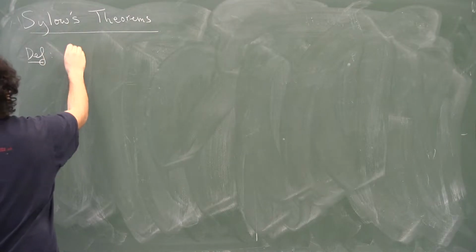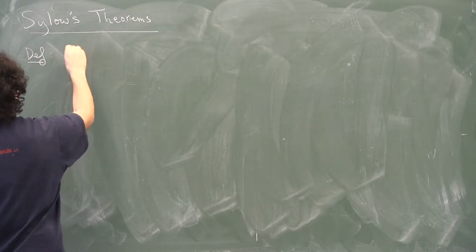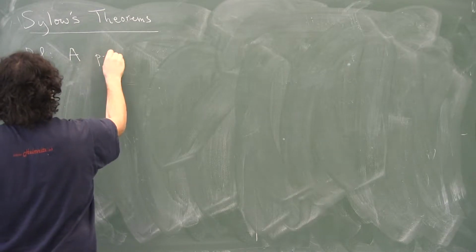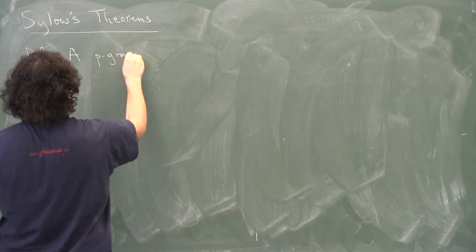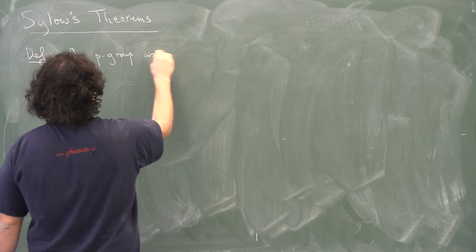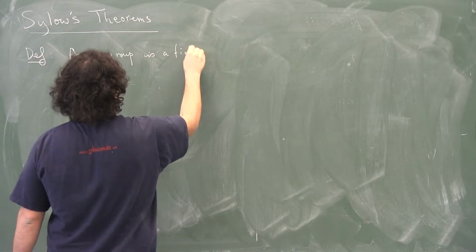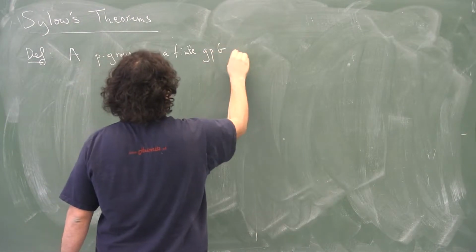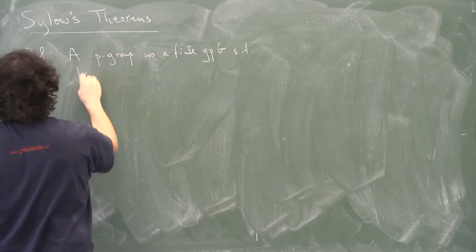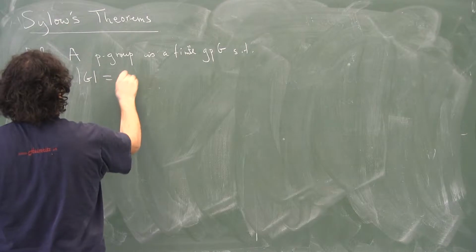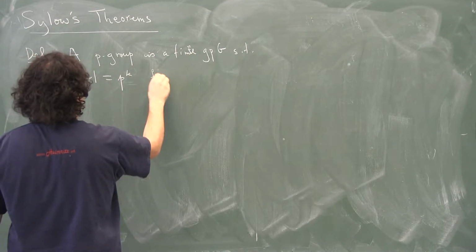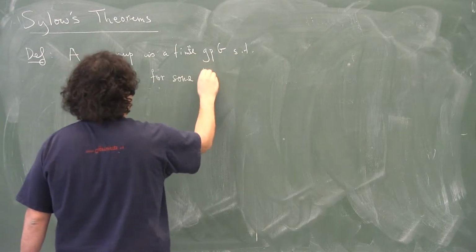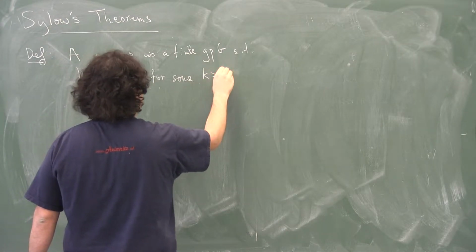Definition, one that I've already given in a previous lecture, but let's just recall it. A P group is a finite group G such that the order of G is equal to P to the K for some K at least 1.